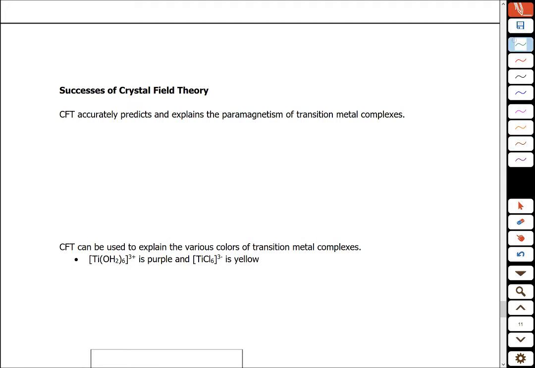It allows us to say that hexaaqua iron 2 is paramagnetic because it has weak field ligands which give high spin complexes.